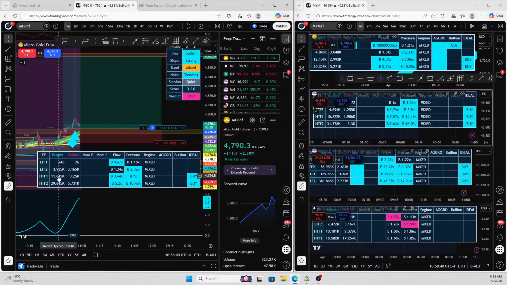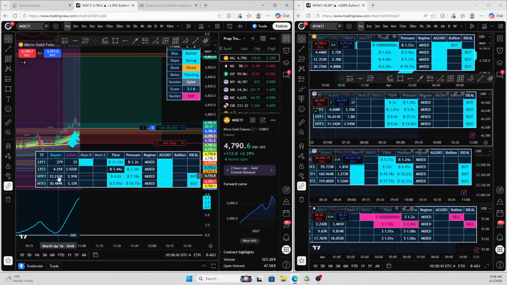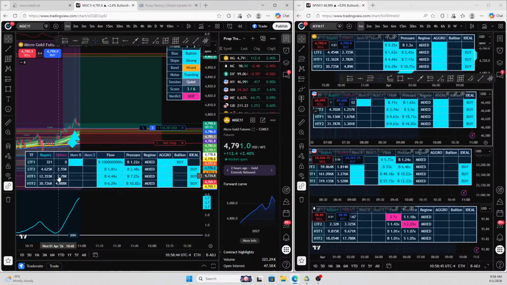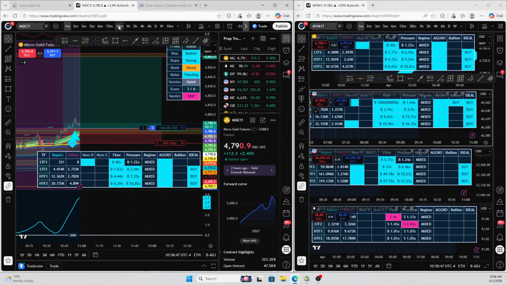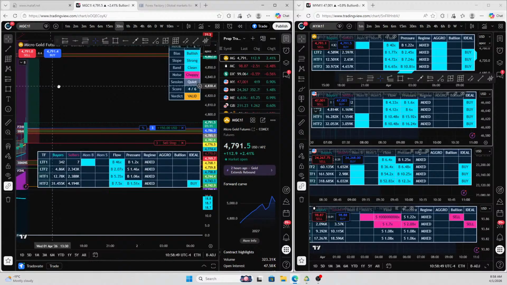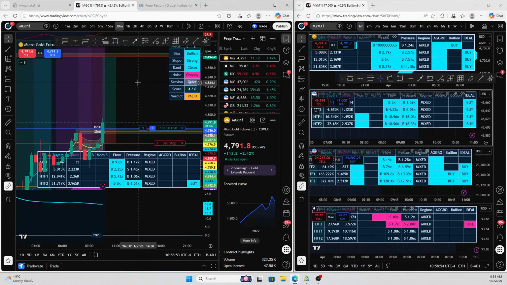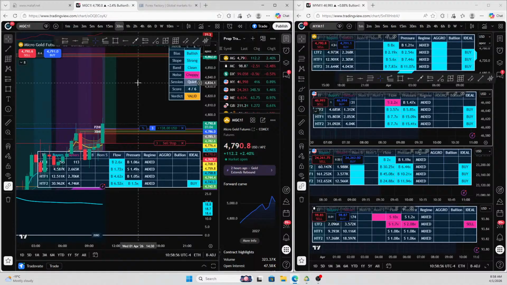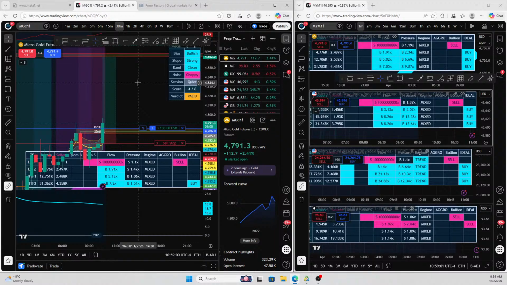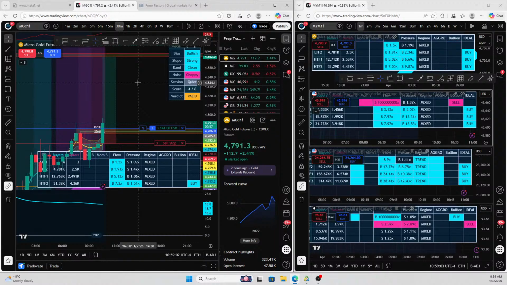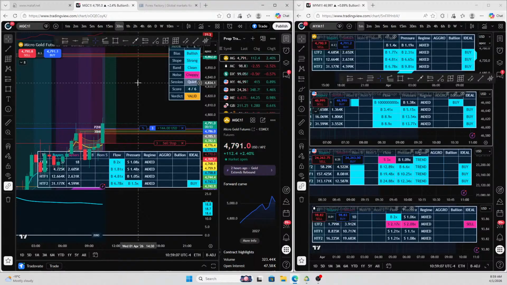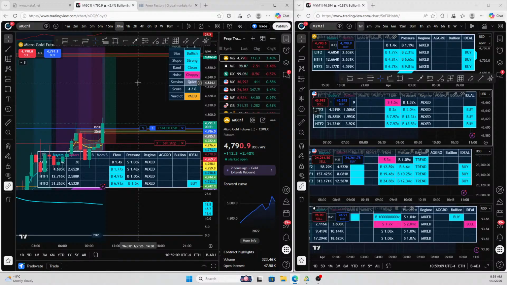In 1 minute 30 seconds. So let's see the 30-minute candle close. Candle closing bullish in 1 minute. What is our volume doing? Volume is picking up.